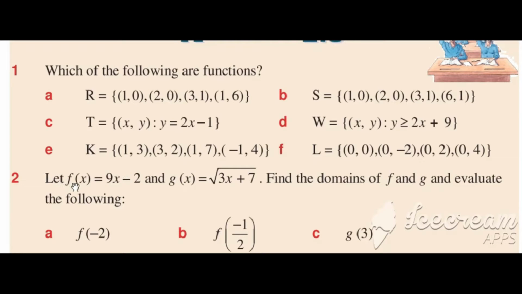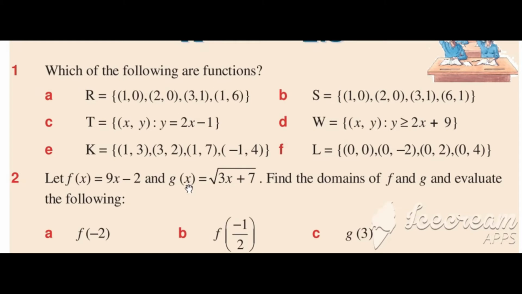The independent variable of function f is x, therefore the domain of f means the possible values of x. The function f of x is a linear equation, f of x equal to 9x minus 2, therefore the domain is all real numbers.